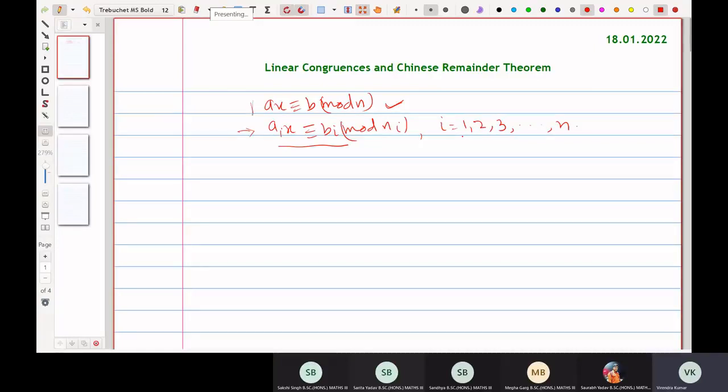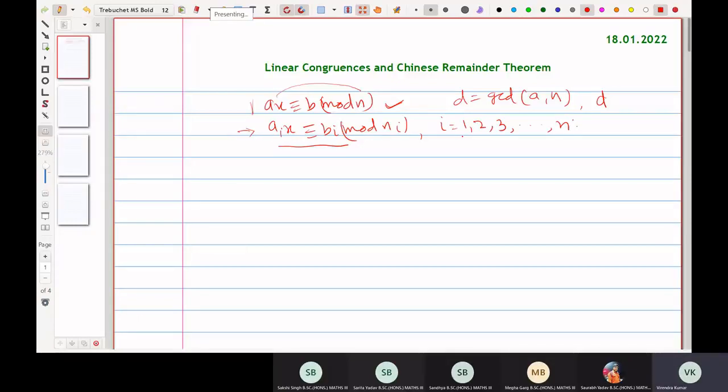To solve this equation, we assumed that if the greatest common divisor of A and N is D, then there would be D mutually incongruent solutions.